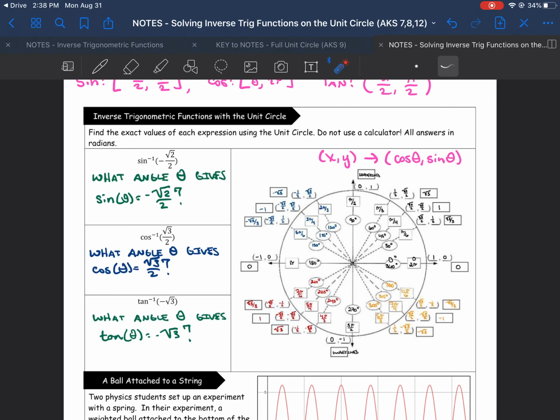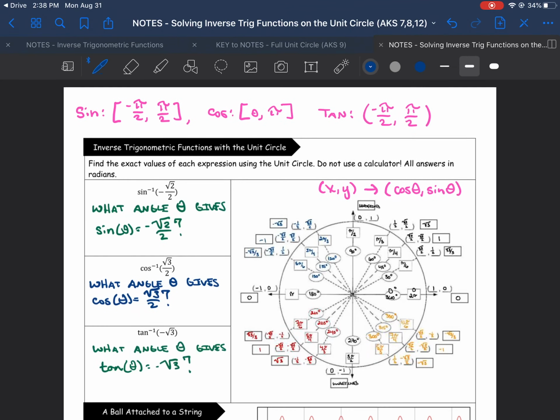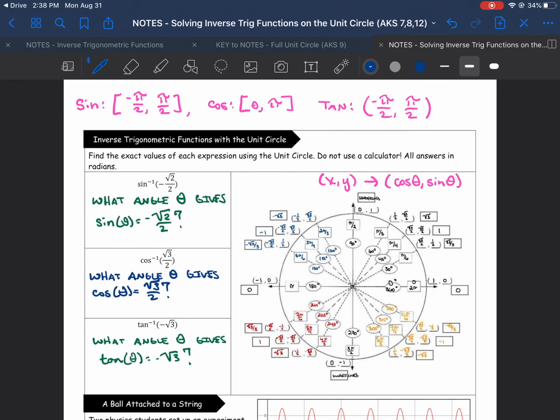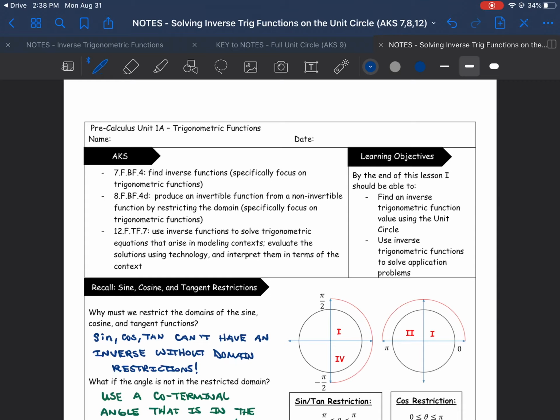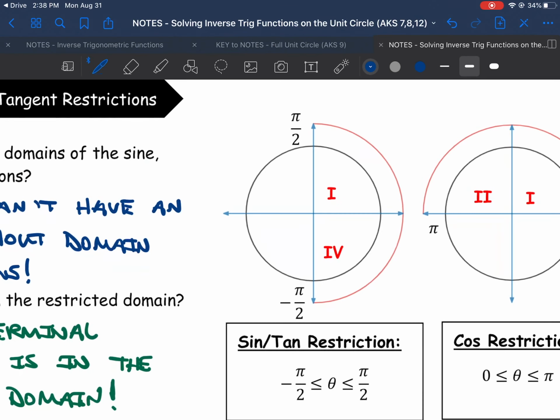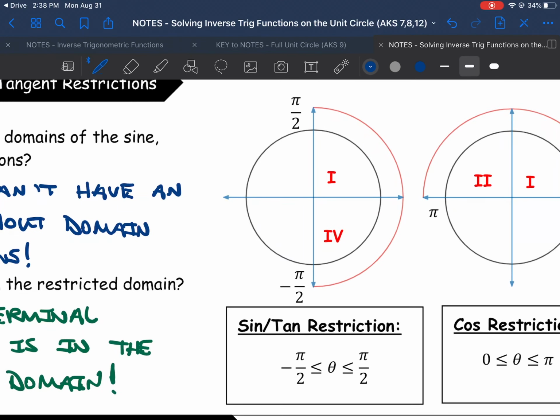Okay, so a couple things that I think we need to go over real quick before we start looking at this. When we look at sine and tangent, we have that negative pi over 2 to pi over 2. So we know from this little figure right here that all of this is part of the restricted domain, but we need to represent it in terms of negative angles, at least for quadrant 4.